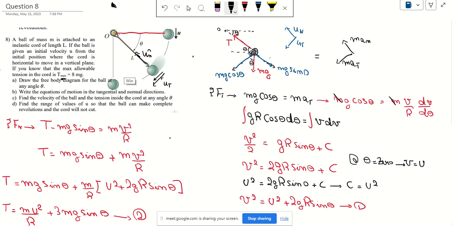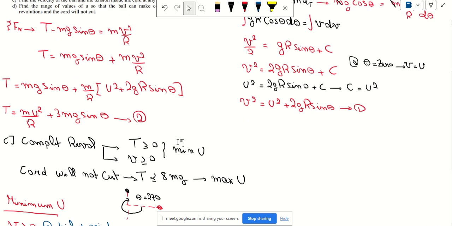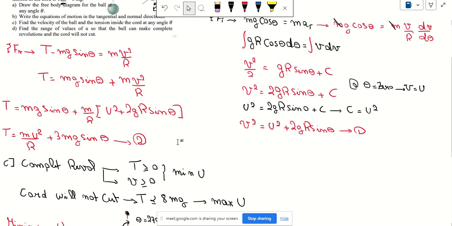This is the most critical point where you are afraid that the cord will be loosened. There is no tension. Okay. If you are not comfortable when dealing with physics, let us move to mathematics.